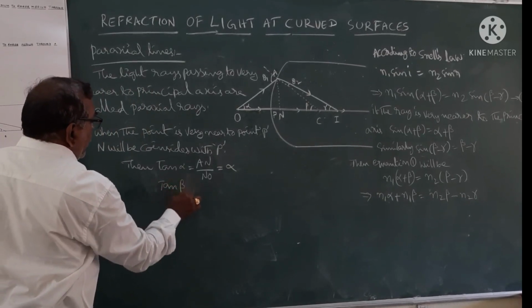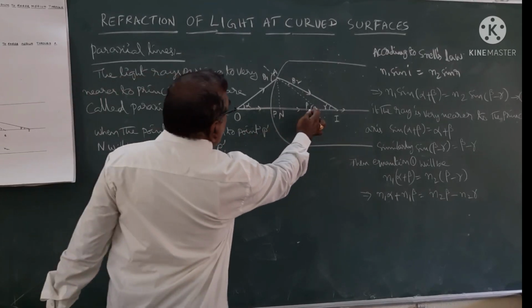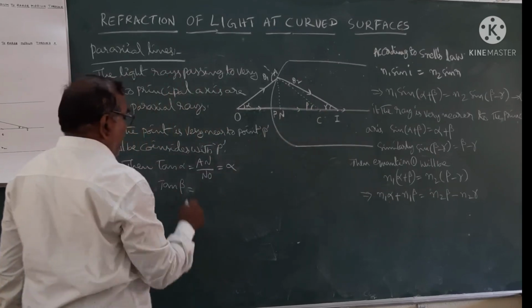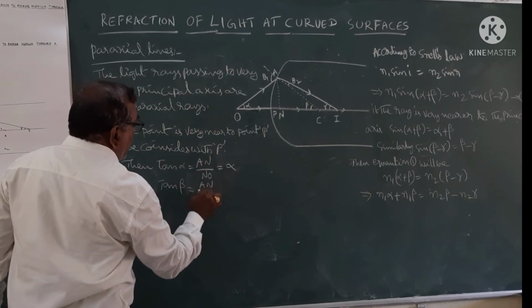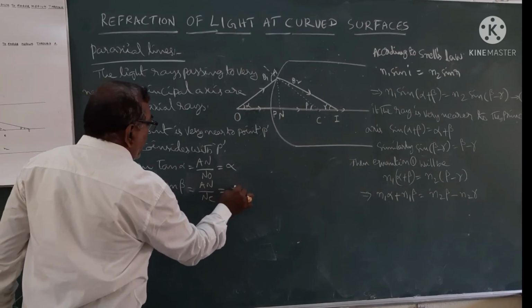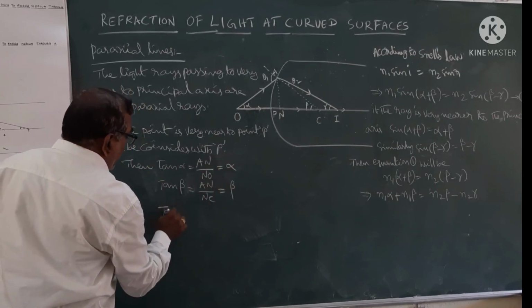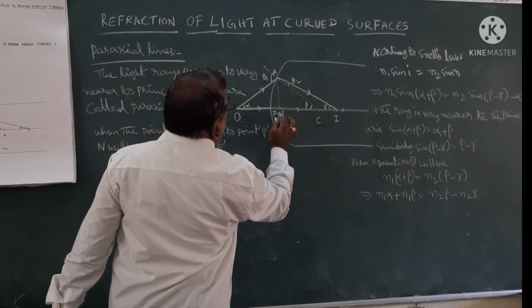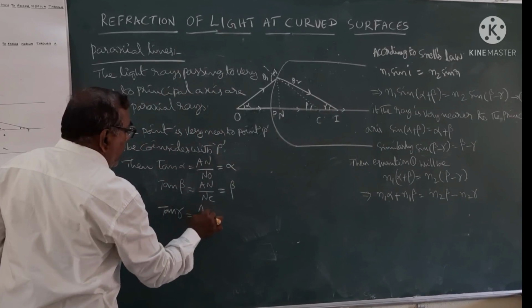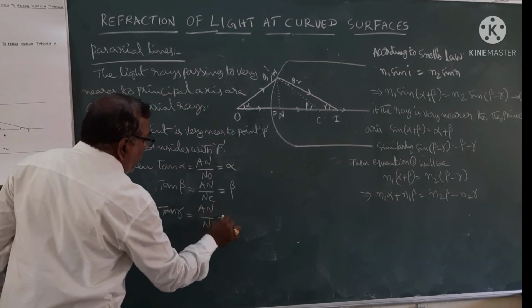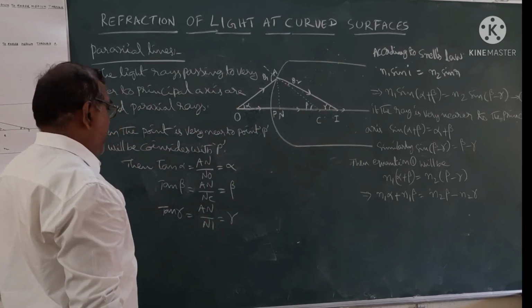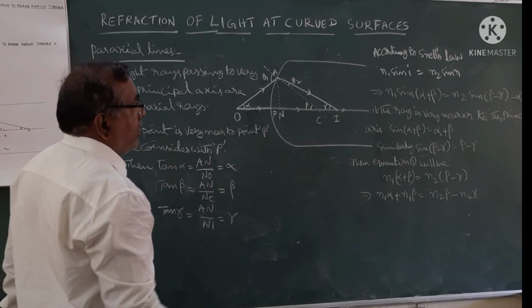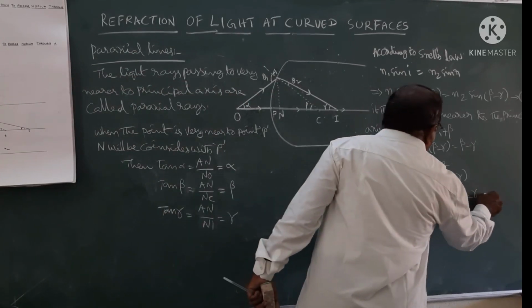Tan beta is equal to AN by NC, which is equal to beta. Tan gamma is equal to AN by NI, which is equal to gamma. It is equation number 2.